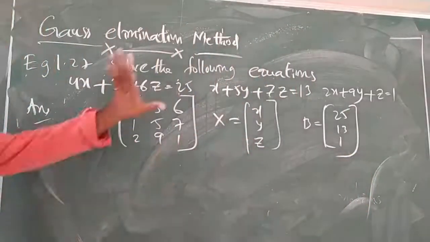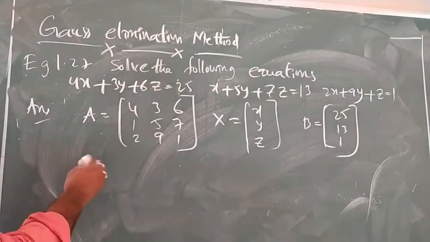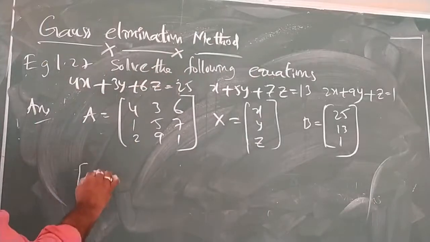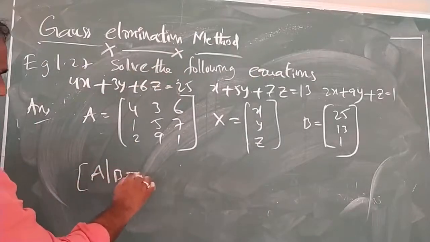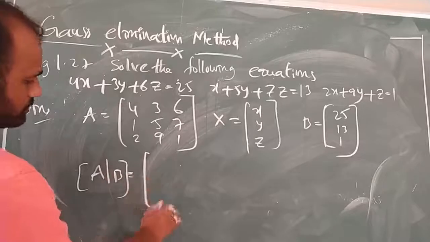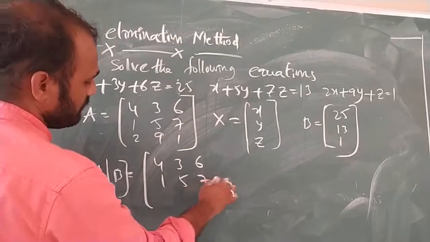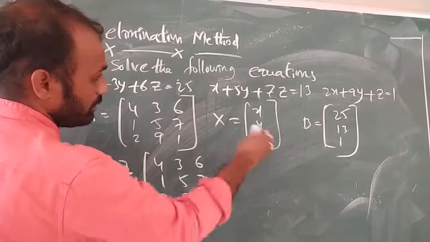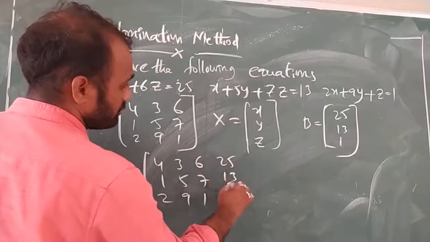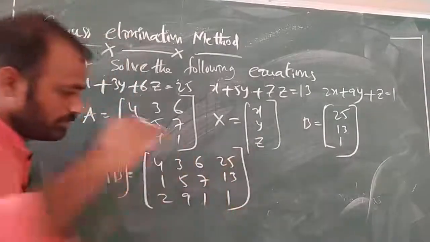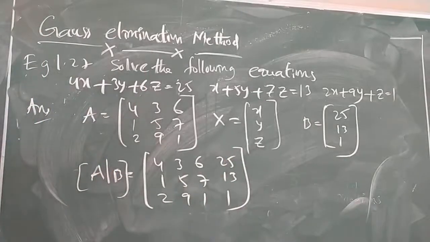So to solve this by the Gauss elimination method, we have to take the augmented matrix, which is A by B. So that is 4 3 6, 1 5 7, 2 9 1, and 25, 13 and 1. We have to take this augmented matrix. Okay, now let us start solving this.